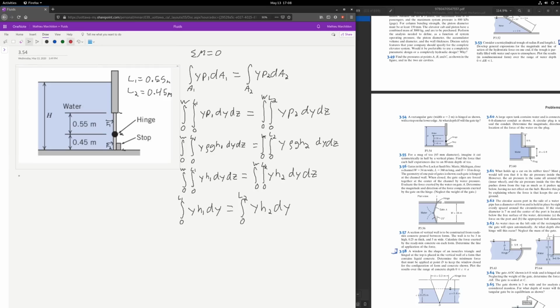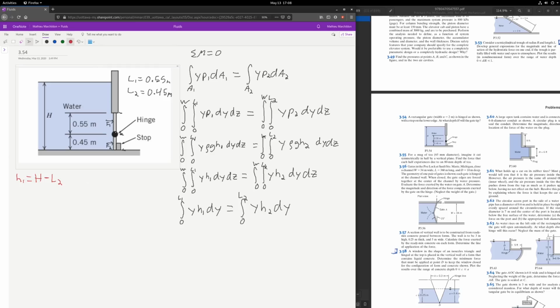So at the bottom there, we know that h1 is h minus L2, which means that when our height y is equal to 0, we get h minus L2, which means we're at the start of the hinge.